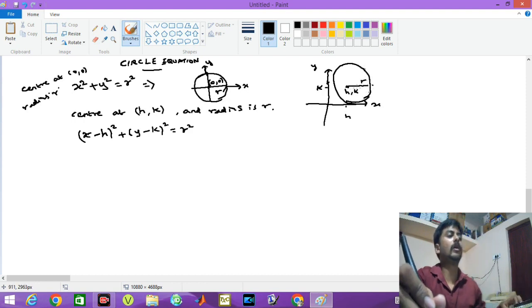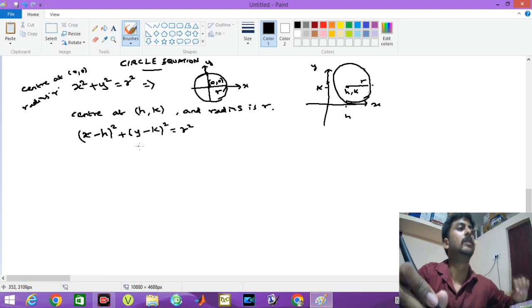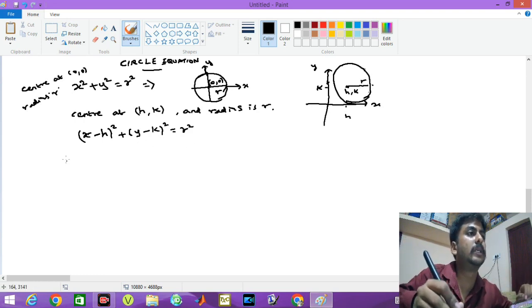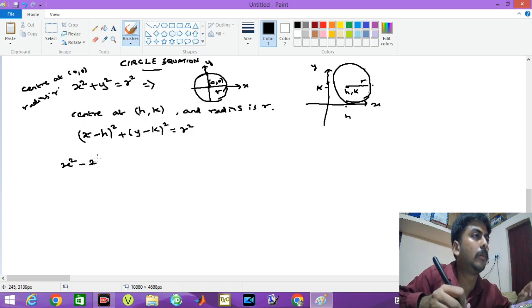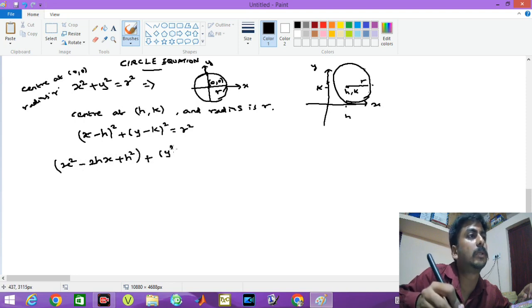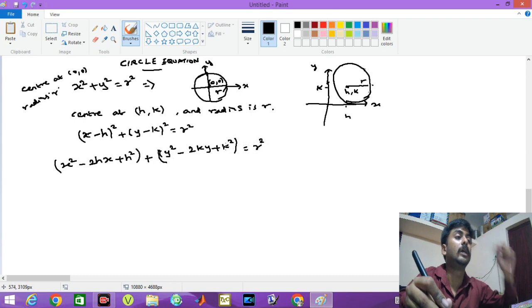Simply expand this equation, which will give you x square minus 2hx plus h square, then plus y square minus 2ky plus k square, equal to r square. This is the expansion.